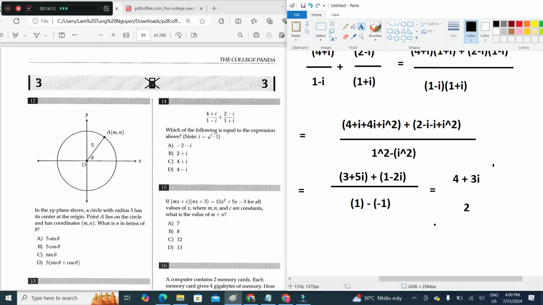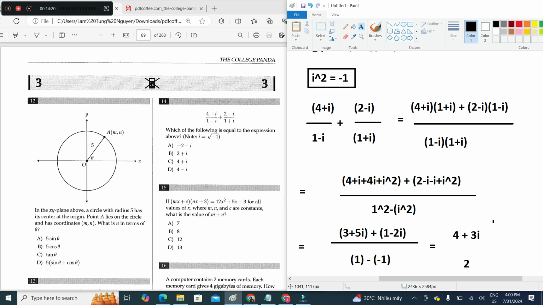This is kind of odd, like the answer is kind of odd. I think I made some mistake somewhere. It should be 2I here. Let's see. Cross multiplication, plus 4I plus I squared minus I. Oh, yes, it's minus 2I here. Sorry. I was miscalculating on this side.